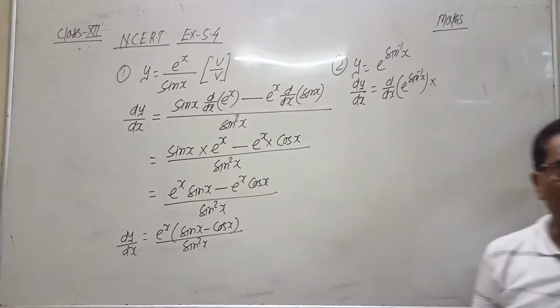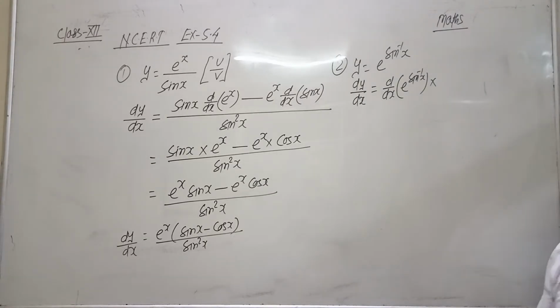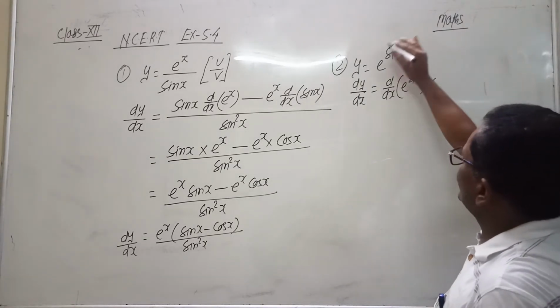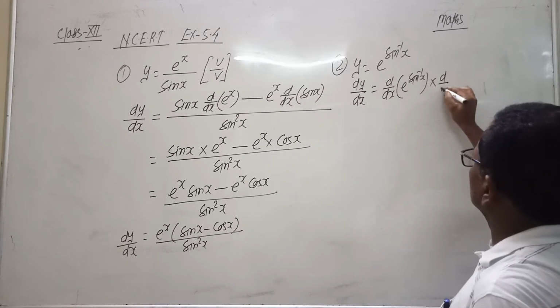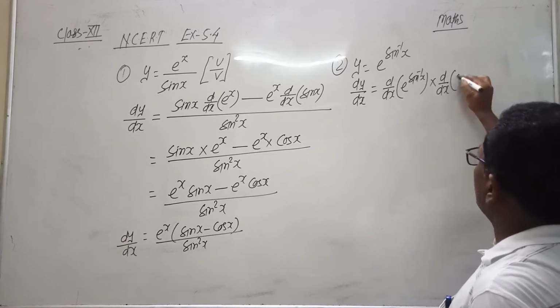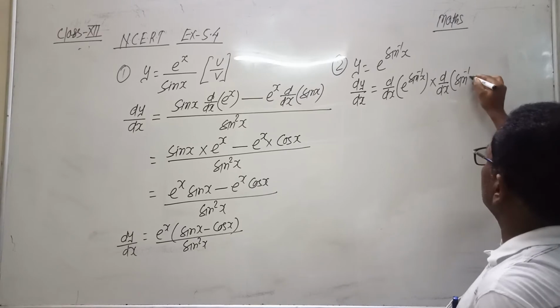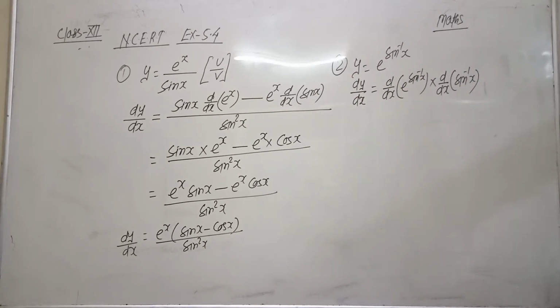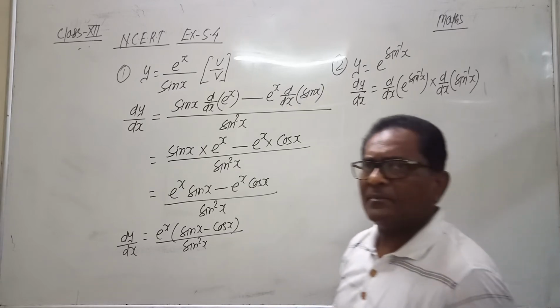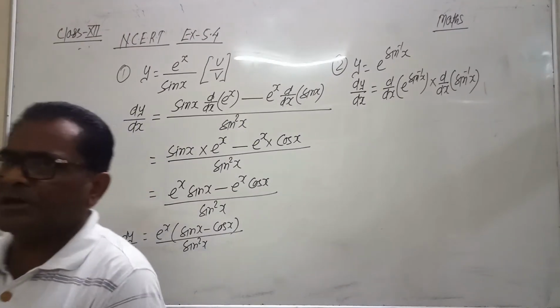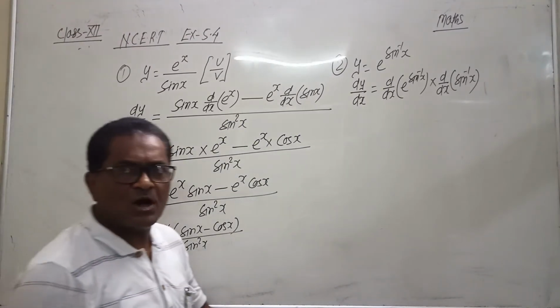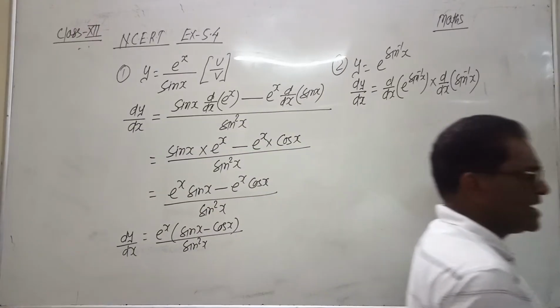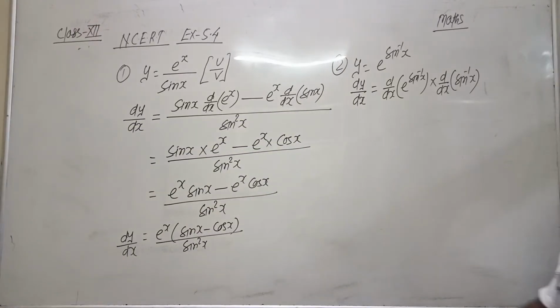Now drop e, so it remains sin inverse x, and write down d by dx of sin inverse x. When we drop sin inverse x, then it remains x, but there is no need to write d by dx of x because differentiation of x is 1.